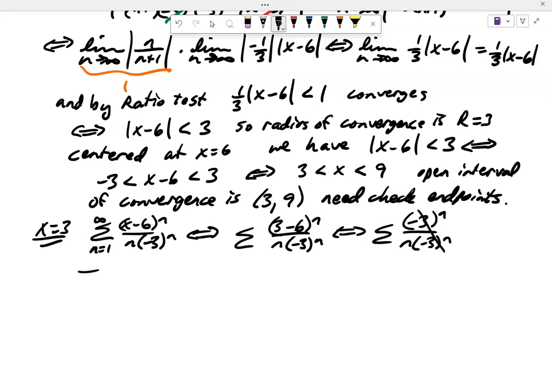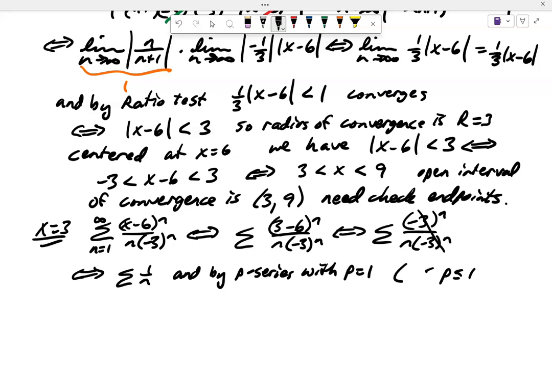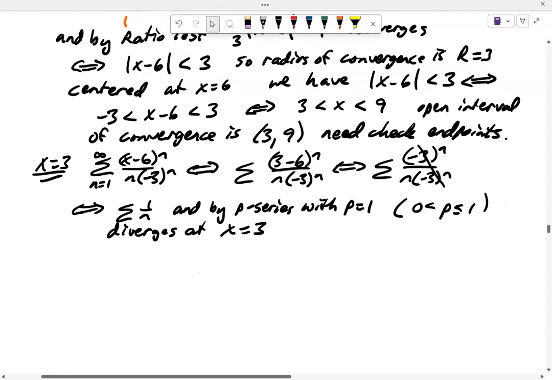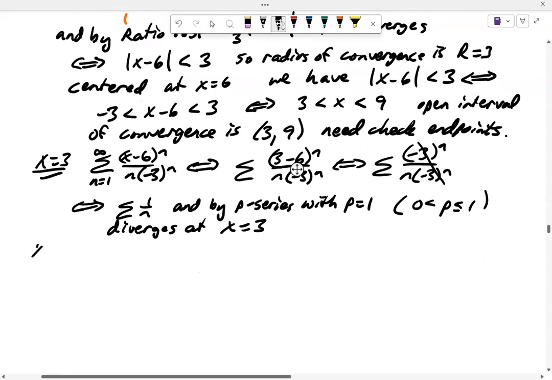Most those cancel. So we're just left with 1 over n. And by p-series, it diverges at 3.